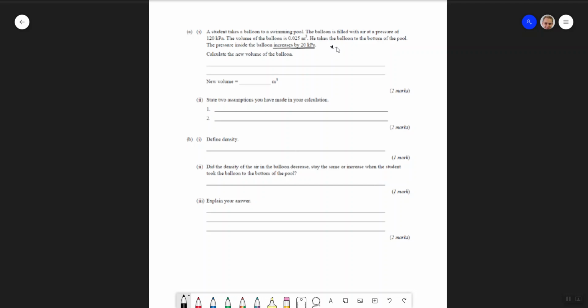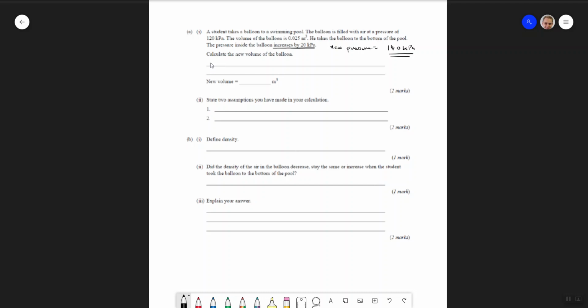So new pressure is equal to 120 plus 20. So 140 kilopascals. So new volume.